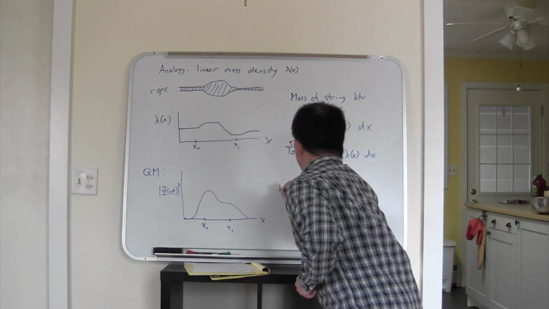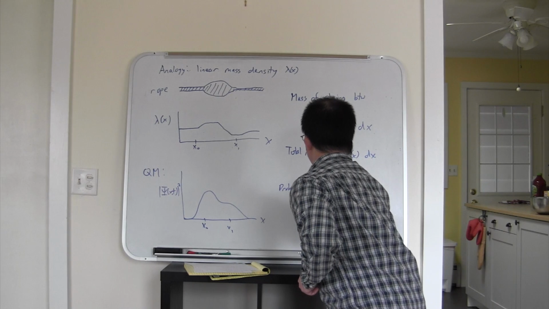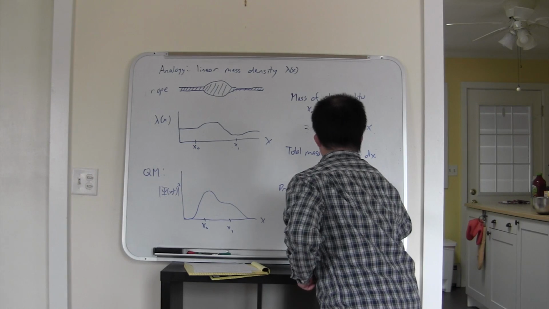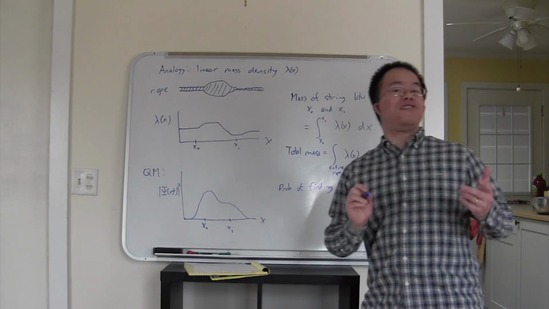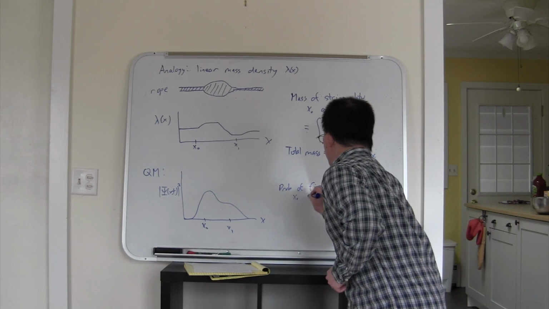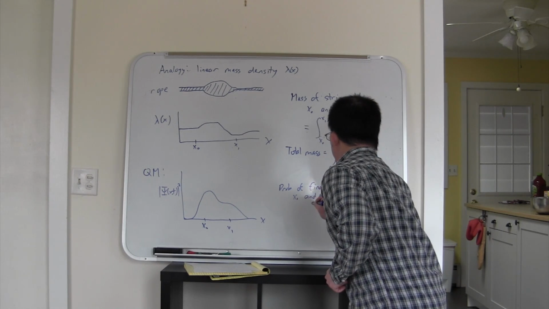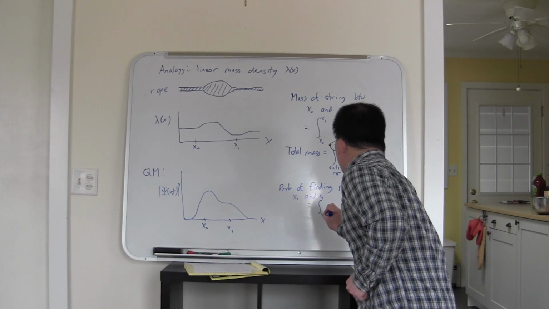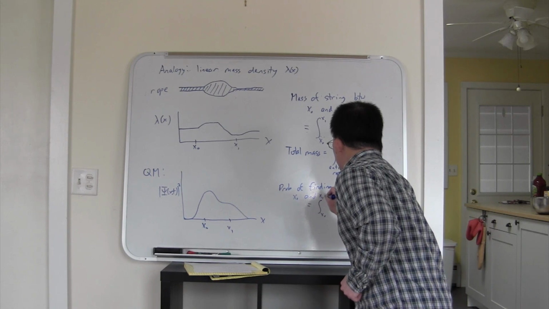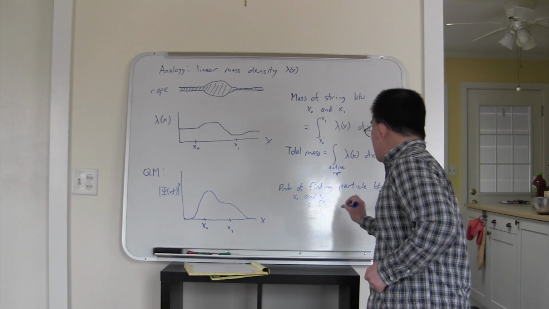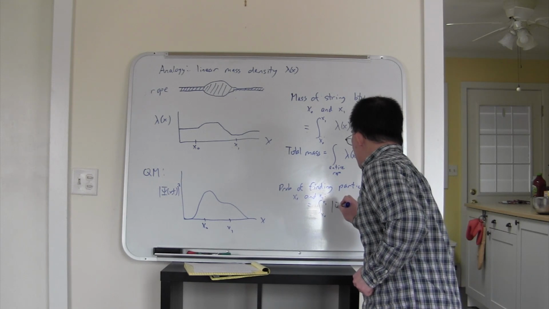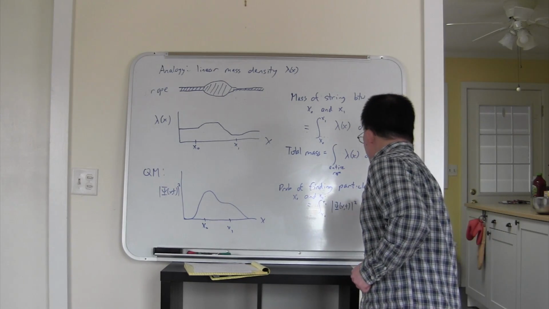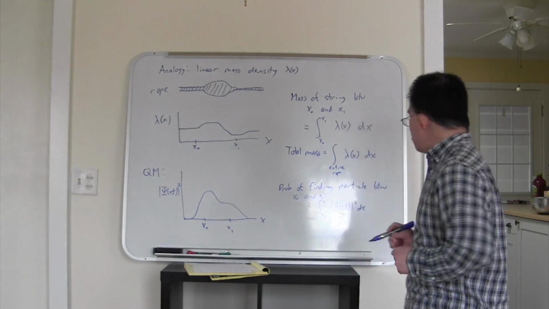The probability of finding the particle between x0 and x1 is equal to the integral of my probability density, the integral from x0 to x1 of the modulus squared of psi of x and t, dx. And my dx is really important here.